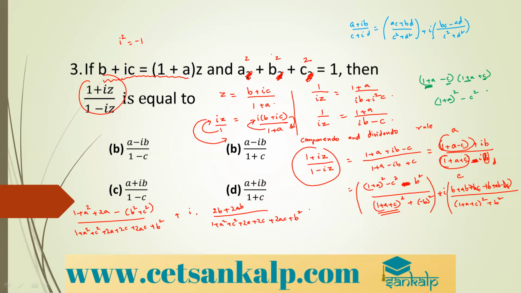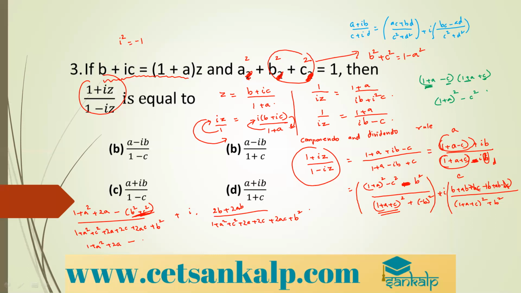Okay, further, how can you simplify? If you see the question, B square plus C square can be written as 1 minus A square. From this given information, B square plus C square is 1 minus A square, which I am going to write here. So I have 1 plus A square plus 2A minus 1 minus A square.